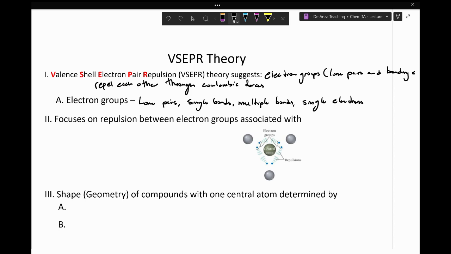And so what this theory focuses on is the repulsion between electron groups associated specifically with the central atom. And when we look at the repulsion of the groups around the central atom, this determines the geometry or the shape of the molecule.